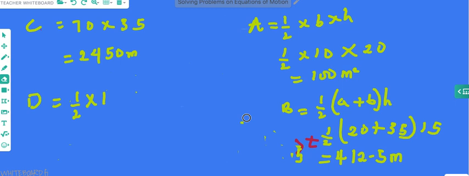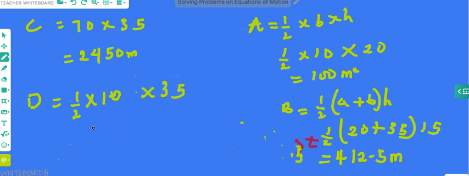So half base times height: base is 10, height is 35.